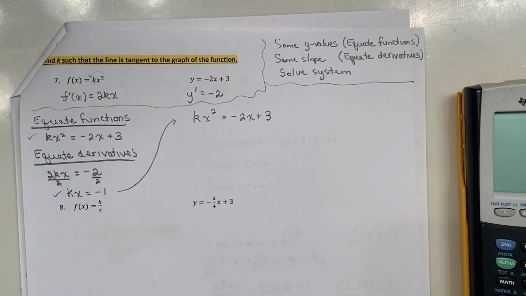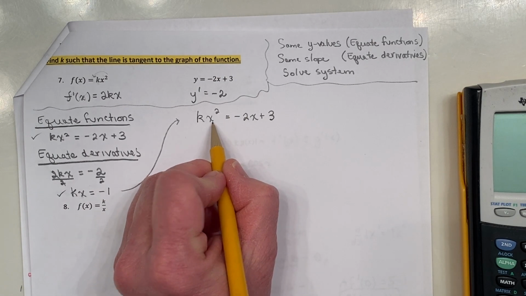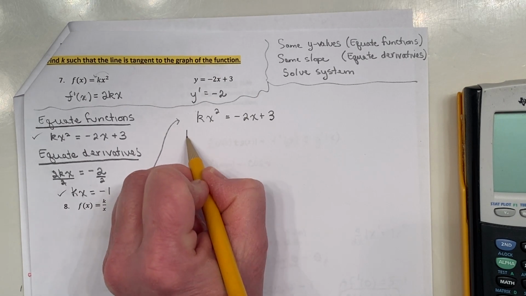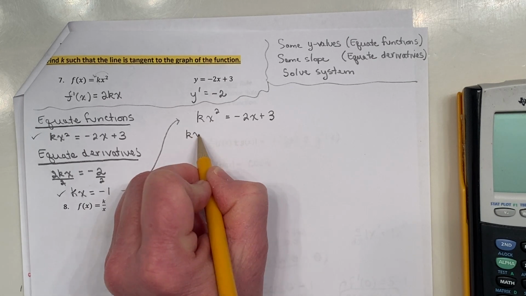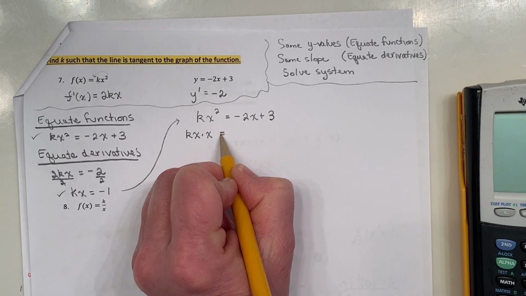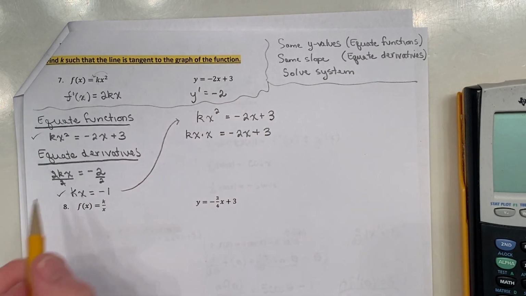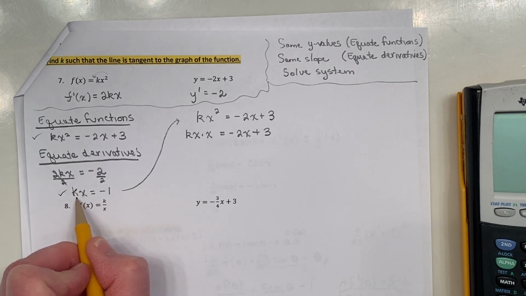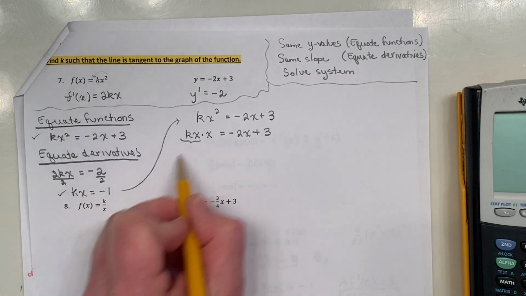So since this is kx, I'm going to come up over here and expand x squared. I'm actually going to make it x times x. That means I'm going to keep one of the x's to go with this k, and then I've got times the other x. I'm planning that I can then come over here to my second equation, where kx is, insert a -1.